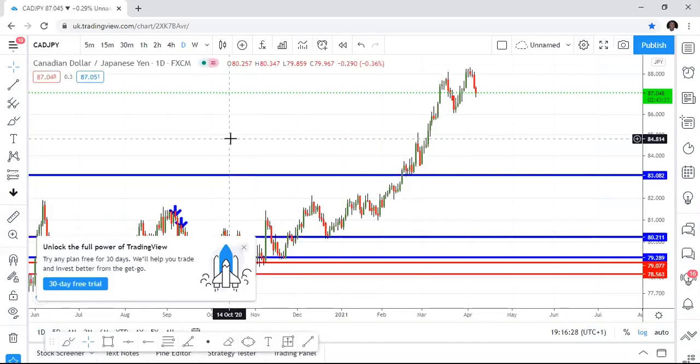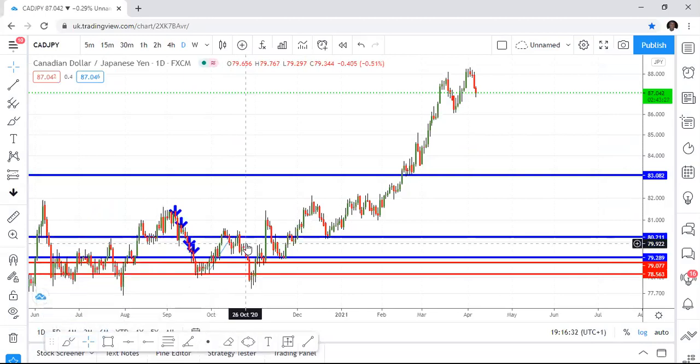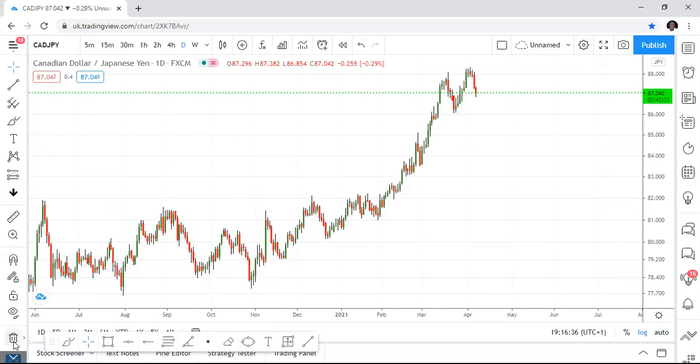Is the screen clear? All right, let me just remove all these indicators here now. Is the screen very clear? If the screen is very clear, can you type 111?